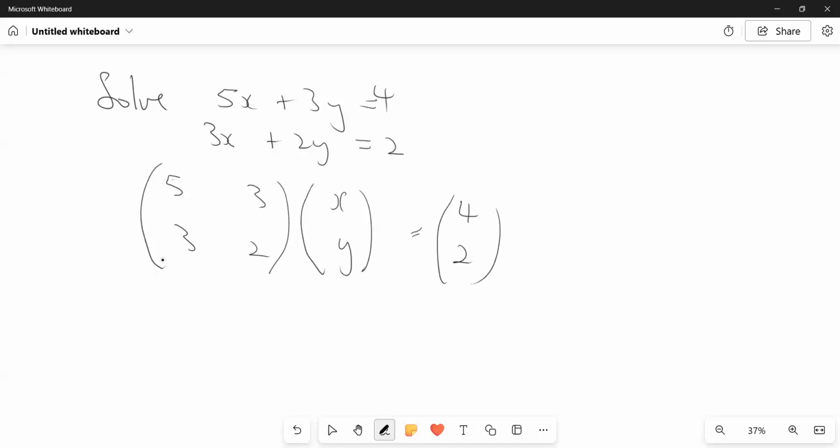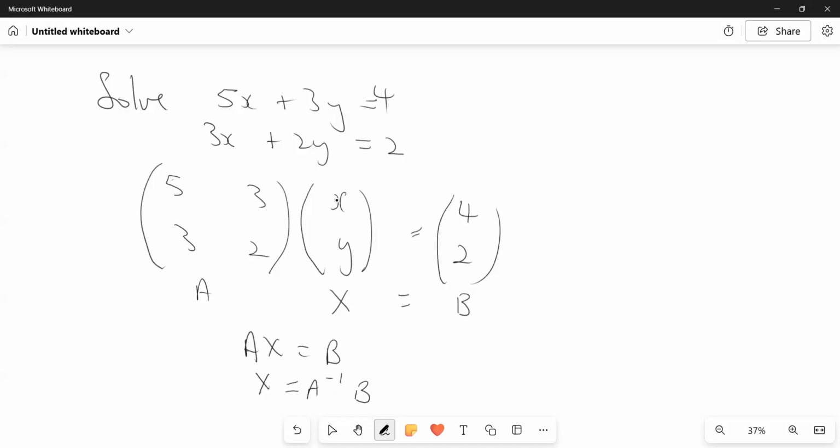We're going to name this A, we'll name this X, and we can call this B. So this is the equation AX equal B. So when we take the A over here, we don't divide. Remember, there's no division in matrix algebra, right? So when we take the A over there, the A becomes A inverse.